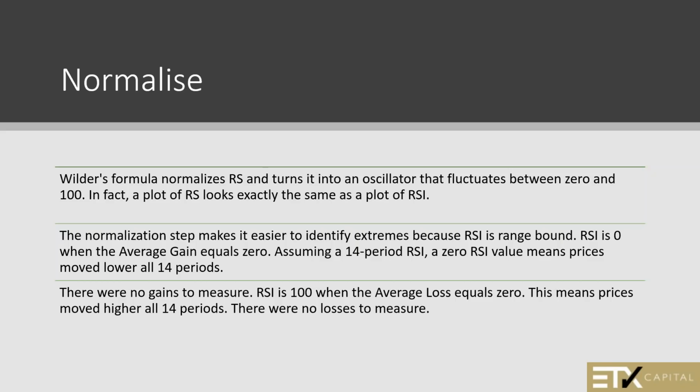RSI is 0 when the average gain equals 0, because any number multiplied by 0, whether a 10 period, 20 period, or 30 period, is always going to be 0. RSI is at 100 whenever the average loss equals 0.